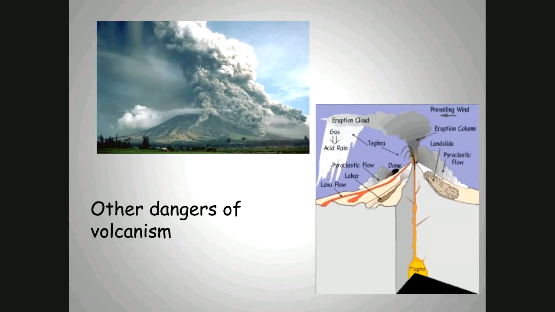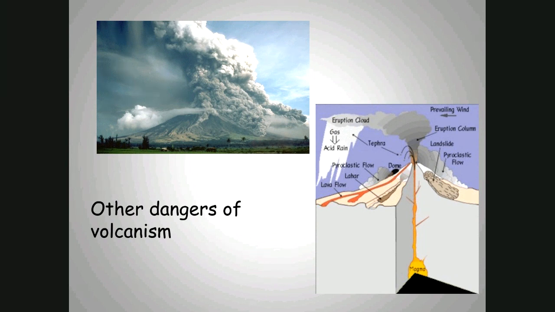What about if the eruption creates a landslide? Or it blows out a lot of rock and particulates, and you get what is called a pyroclastic flow, which is a mixture of rock, cinder, ash, heat, and poisonous gas that can travel down the side of a mountain at 60 miles an hour. That's not cool either.